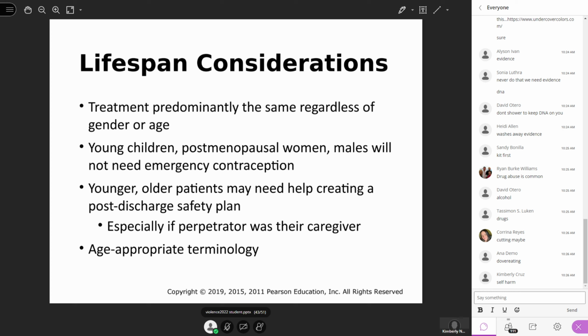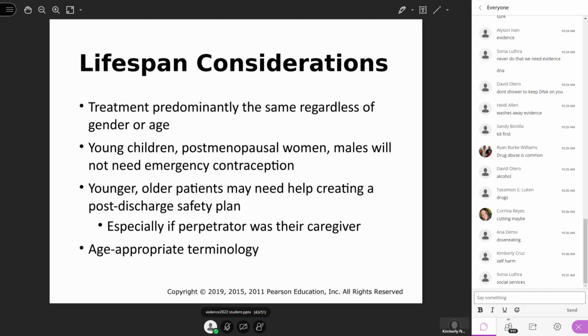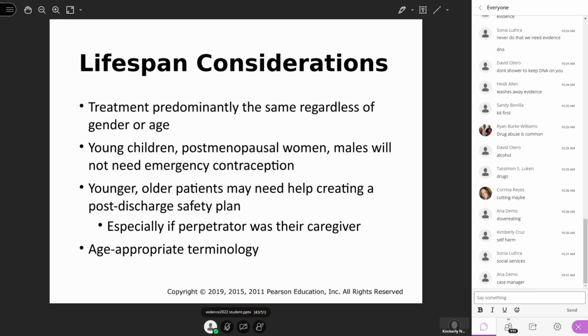Correct. That's a great point, Ryan. A great point. And what do we do? Who do we contact, right? Who do you think we would be referring them to? Social services. Yes. Excellent. DCF, especially if it's a younger child.